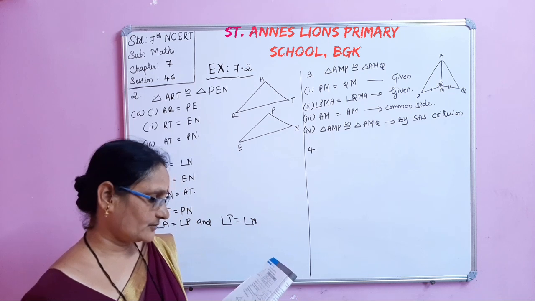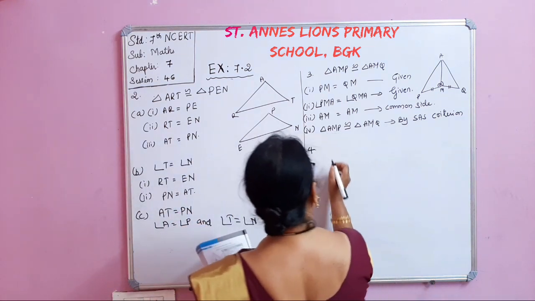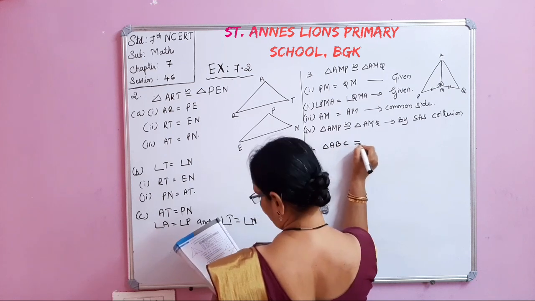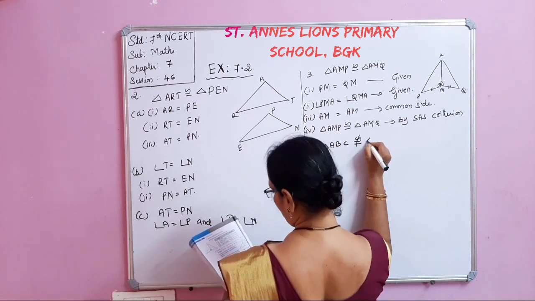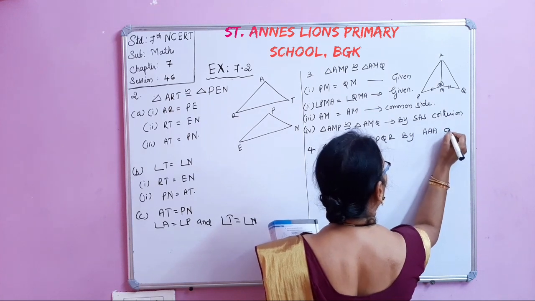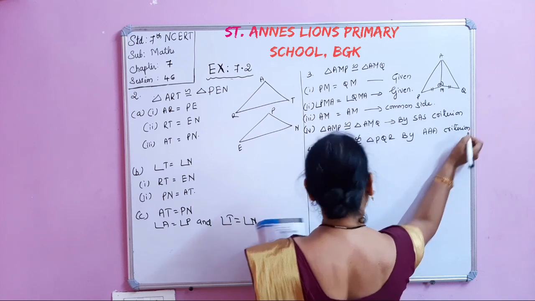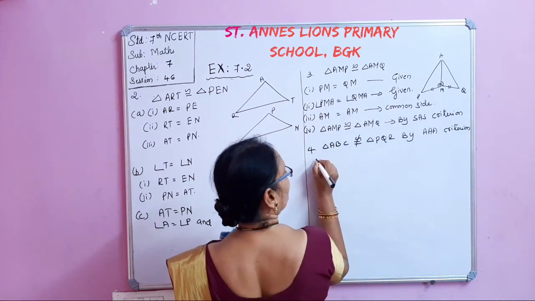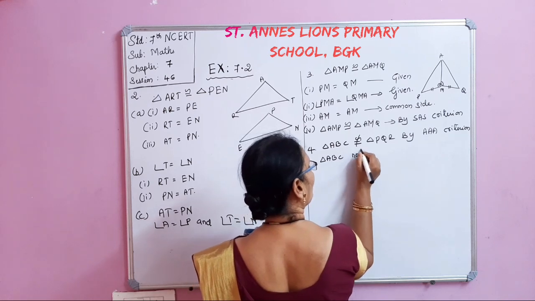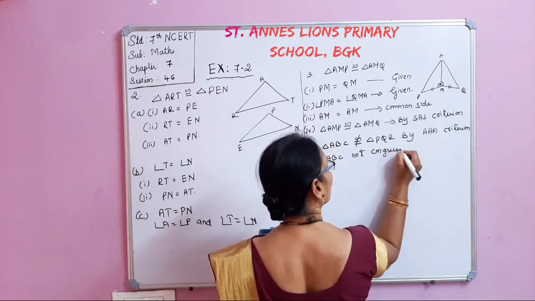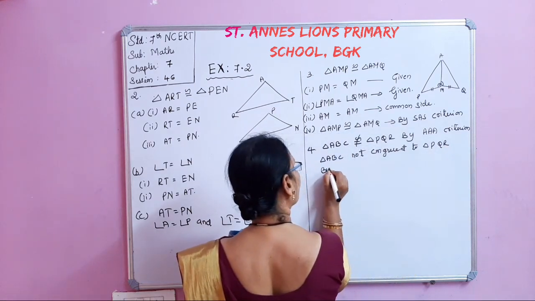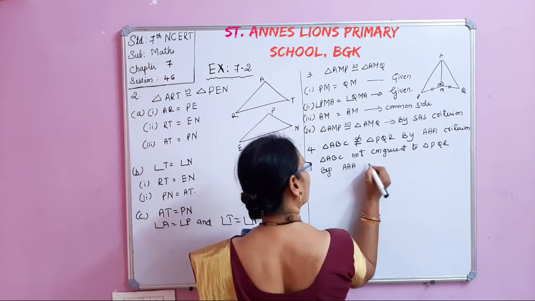See, you take the question, directly I'll give the answer. Fourth one, triangle ABC is not congruent to triangle PQR by AAA criteria. Why?